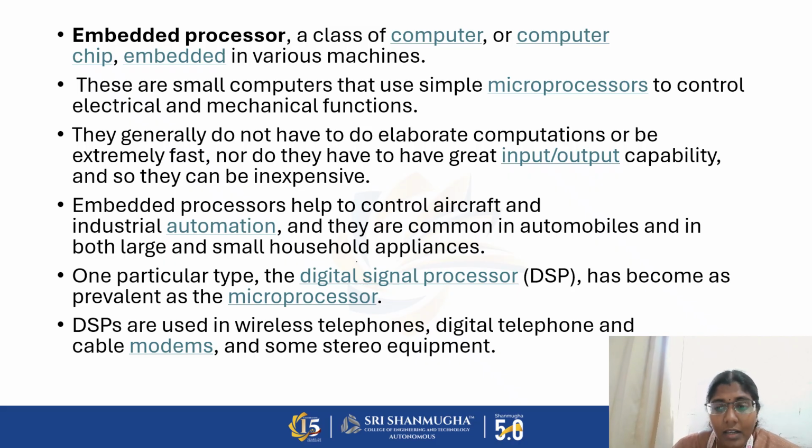Depending upon your application, the specification of your processor will vary. One particular type is the digital signal processor, which became as prevalent as a microprocessor. These DSPs can be used in wireless telephones, digital telephones, cable modems, and some stereo equipment.